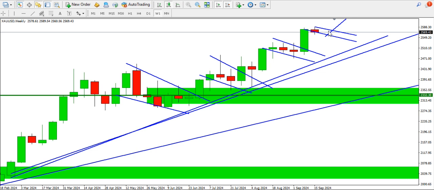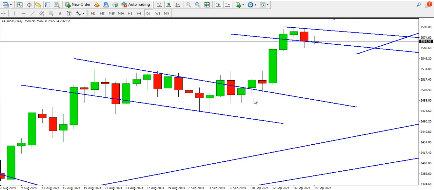Now looking at the daily time frame, we spoke about the flag patterns on the weekly time frame. There's a particular flag pattern around here on the daily time frame. Price of gold is moving in line with bullish flag patterns, so some buyers will be stationed around here, while some will be stationed around here for maximum profit, but breakout buyers will be stationed around here to join the trend.